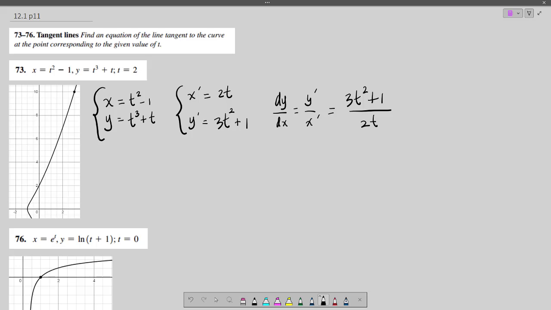So if we want dy dx at a particular t, we plug that t in, we get 13/4. That's our slope. Where is that slope? That tangent line has slope at, what's the ordered pair that we're dealing with?